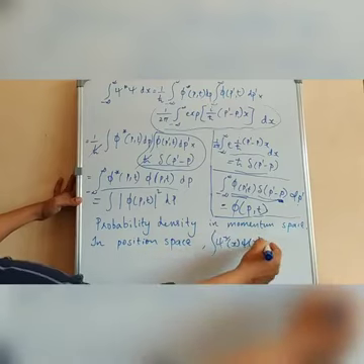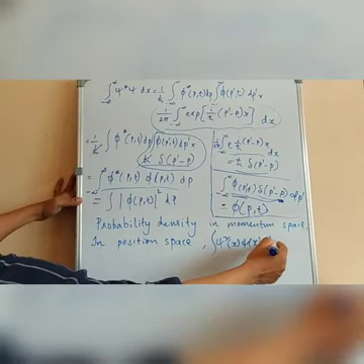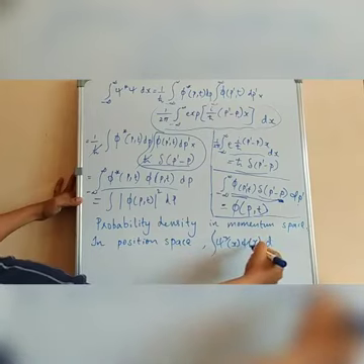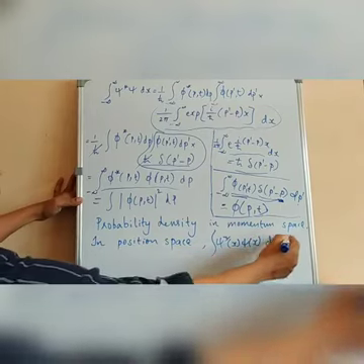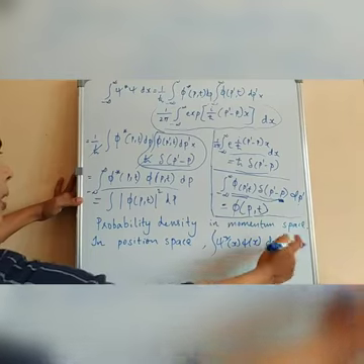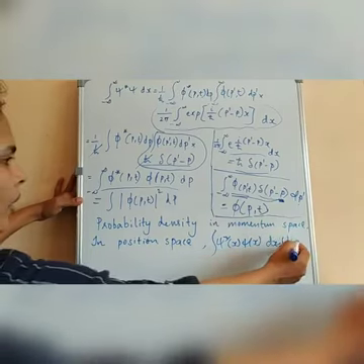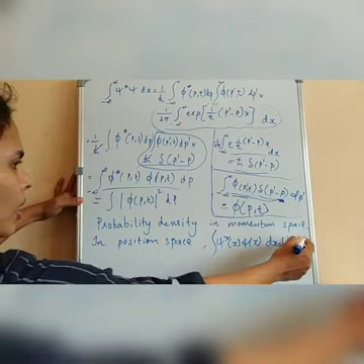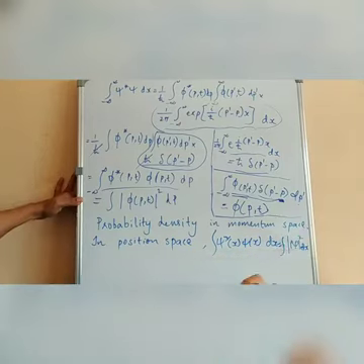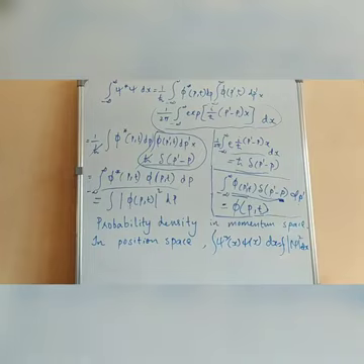Okay, integral psi star of x psi of x dx is integral mod psi square dx. This is the probability density in the position space.